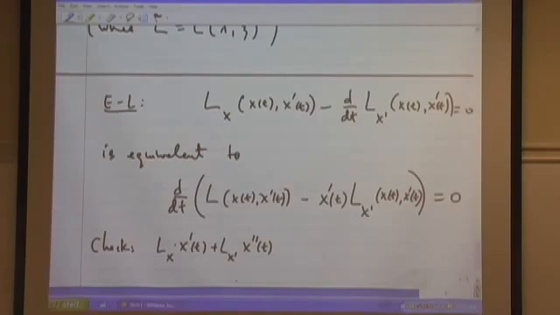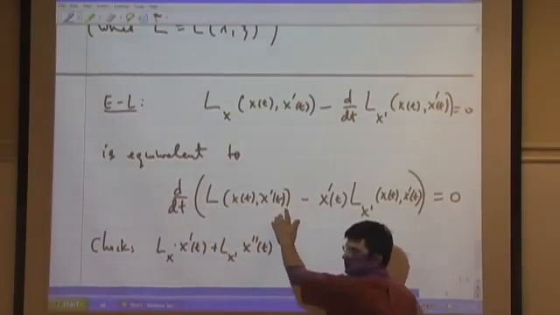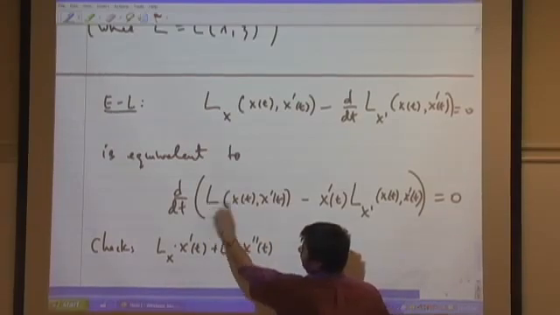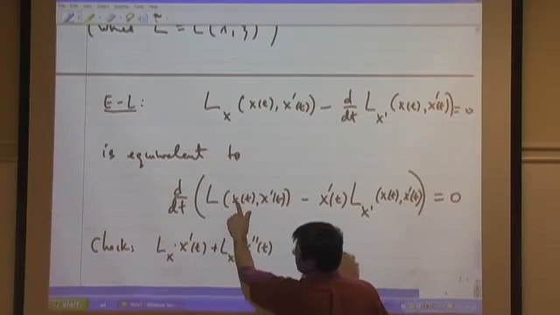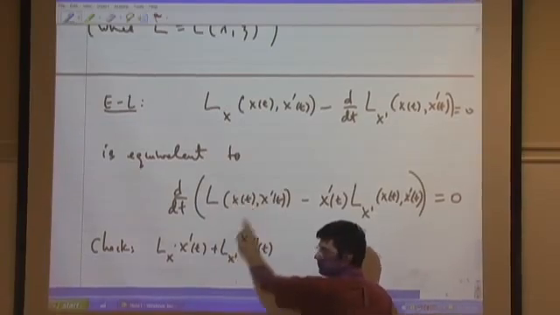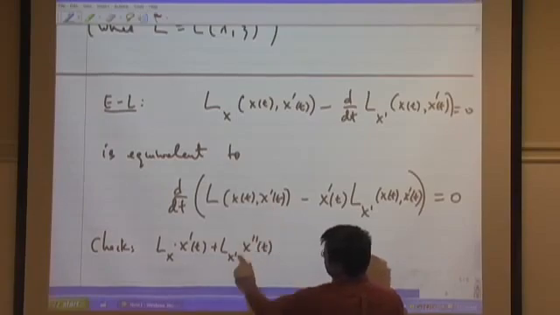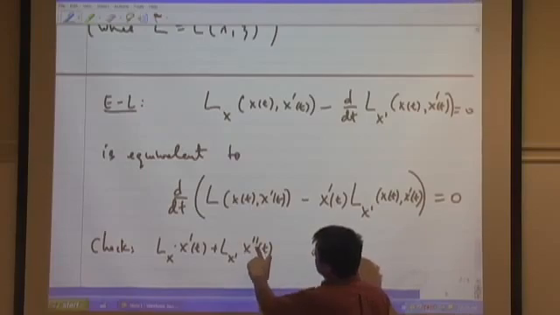That's the chain rule: the partial of L with respect to the first variable, L_x, times the derivative of x with respect to t, plus the partial of L with respect to the second variable, x prime, times the derivative of x prime, x double prime, right?